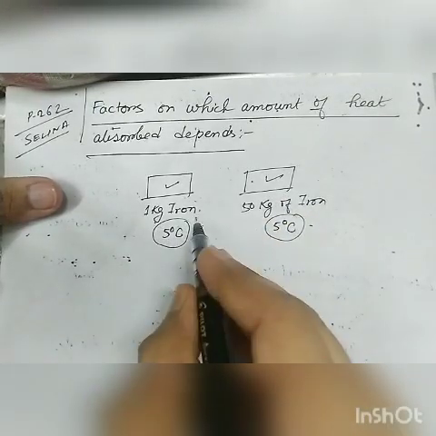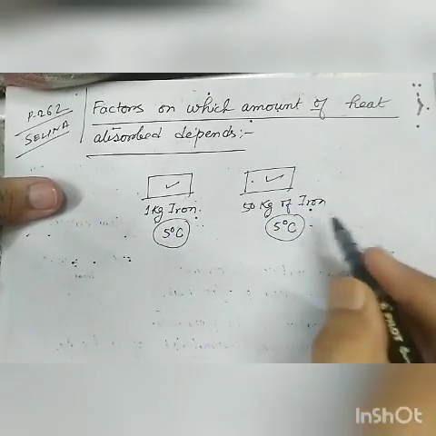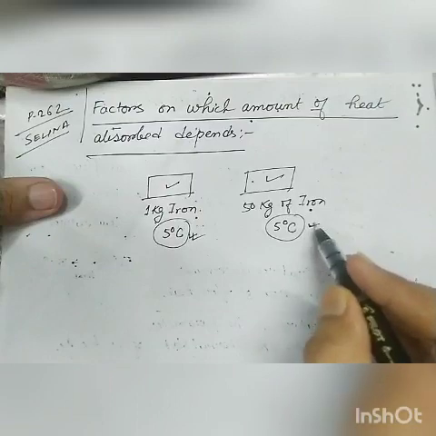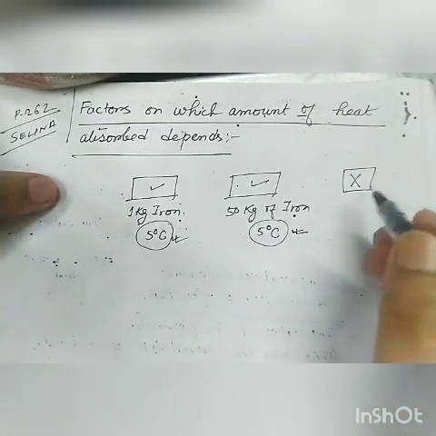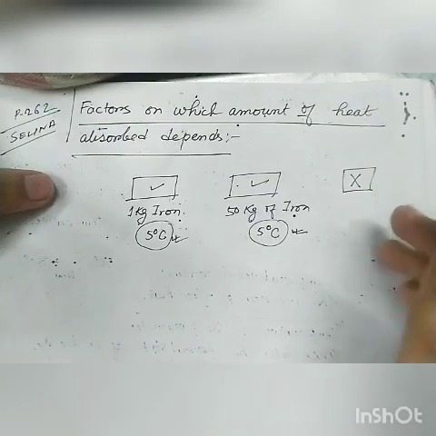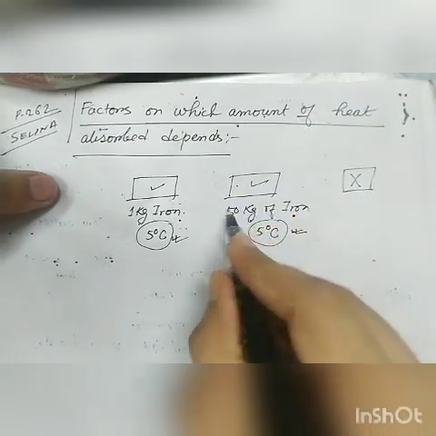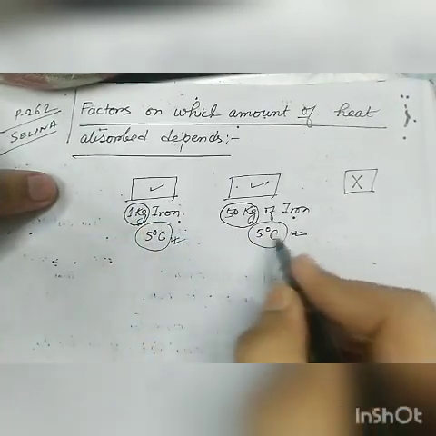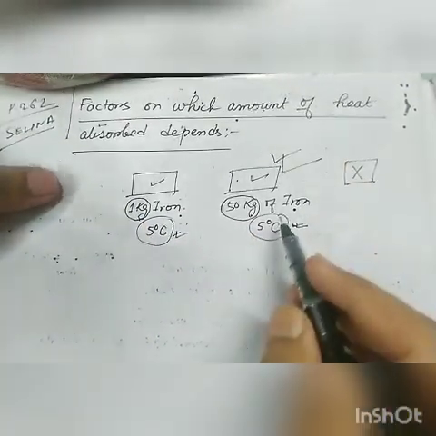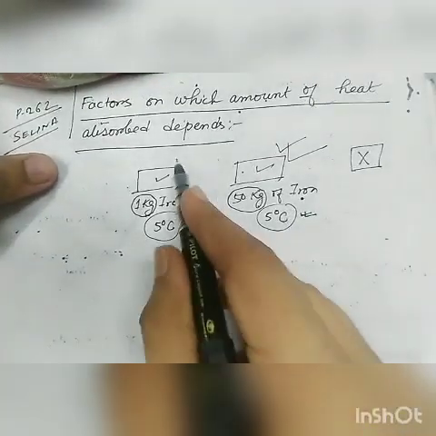The answer is no. They will not take the same amount of heat because this iron is 50 kg and this iron is 1 kg. So this one is supposed to take more heat than this one.